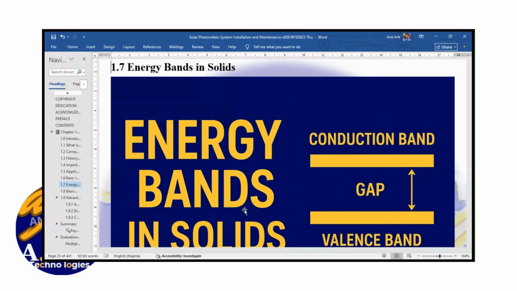Give reasons why metals conduct electricity better than insulators. 4. Describe what happens to electrons in a semiconductor when it is exposed to sunlight. 5. Why is silicon preferred for photovoltaic cells compared with metals or insulators?